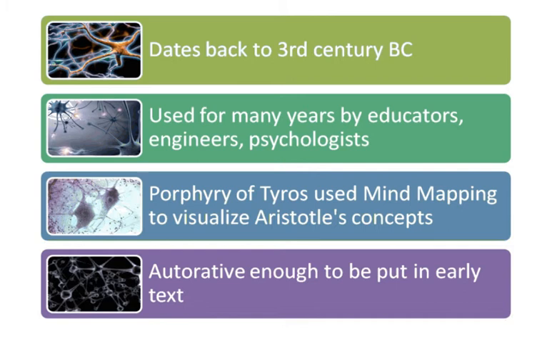He applied mind mapping to visualize Aristotle's concepts of categories. The striking point here is that mind mapping was authoritative enough to be put in early books. The visualization method made it easier to grasp the complex thinking of someone like Aristotle and encouraged decision and problem solving surrounding a focal subject.